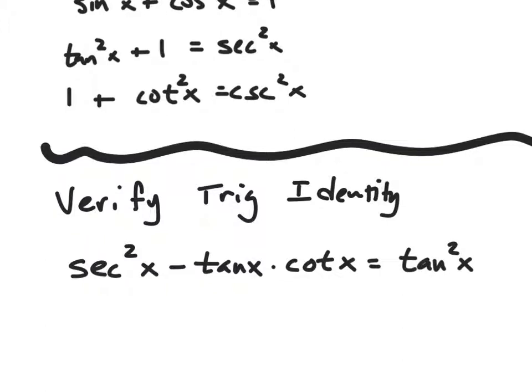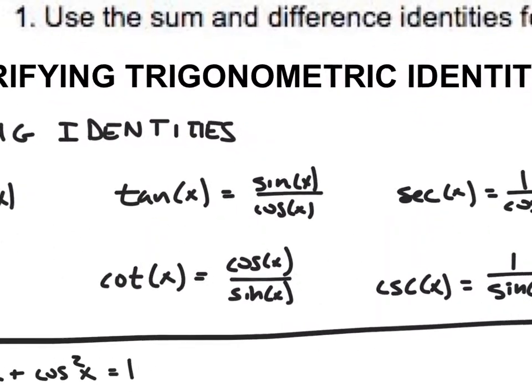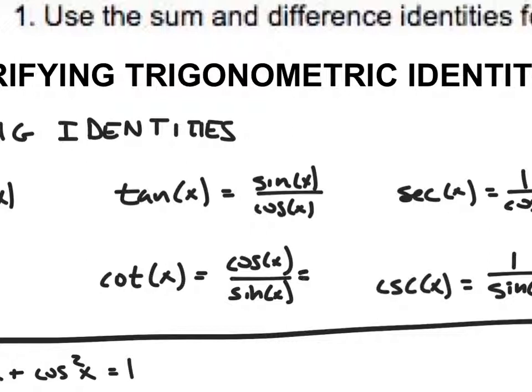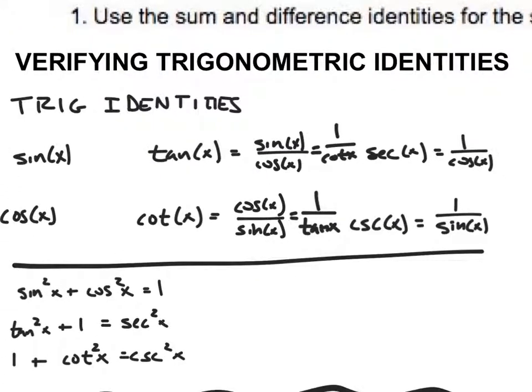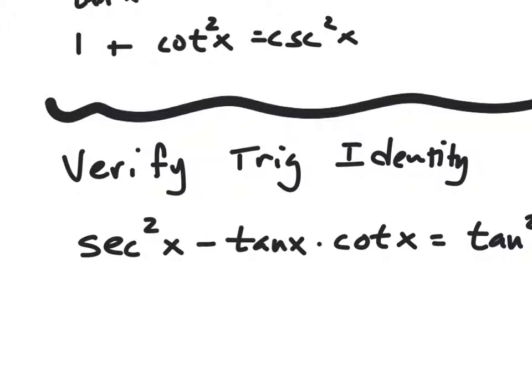And so for this, a couple different things. What I notice is that tangent and cotangent are reciprocals of each other, okay? So what I can do is go back up and use this. I know that cotangent is also equal to 1 over tangent of x. All right? And so I can simplify that.